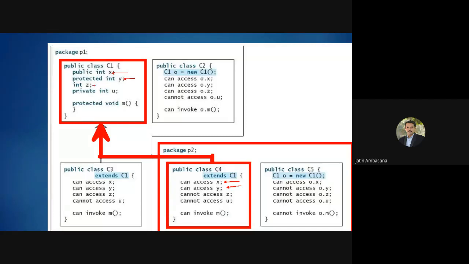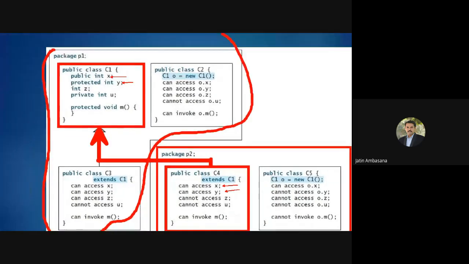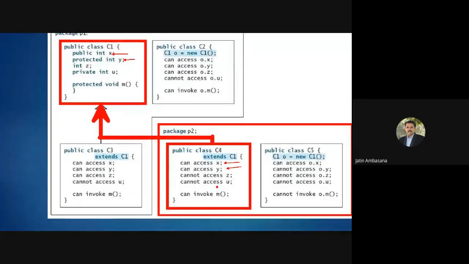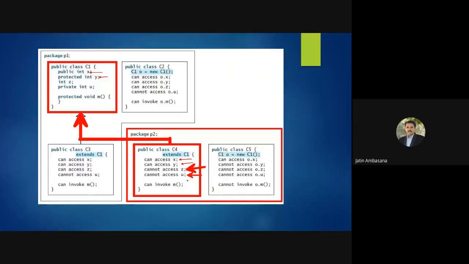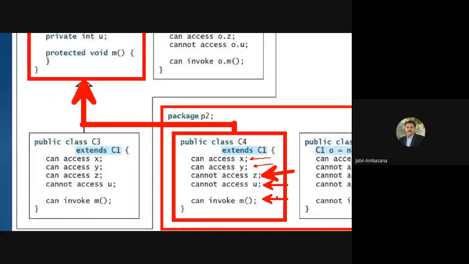But it cannot access Z because Z has default scope, and default scope means only up to the package. So it cannot access Z, and it cannot even access U because that was private. It can invoke M because M is protected, so it can invoke M.